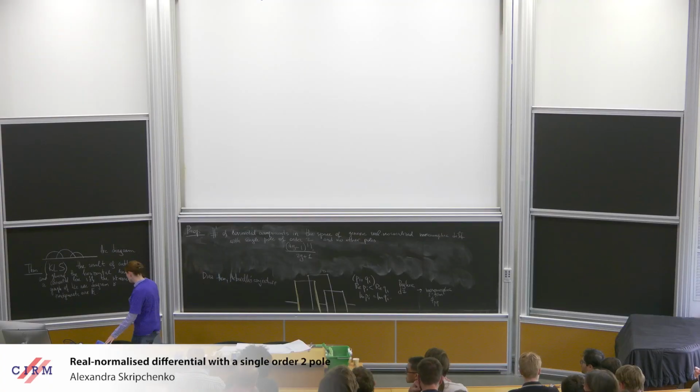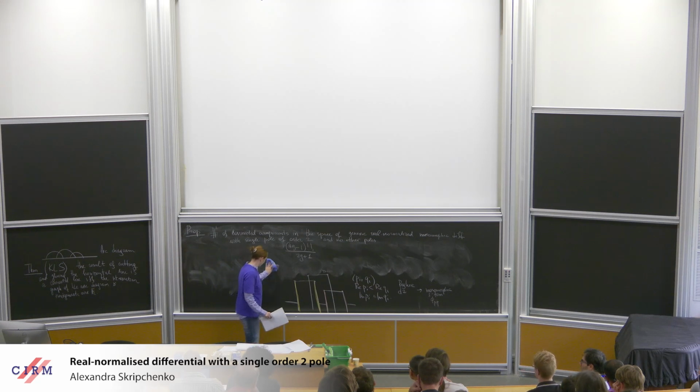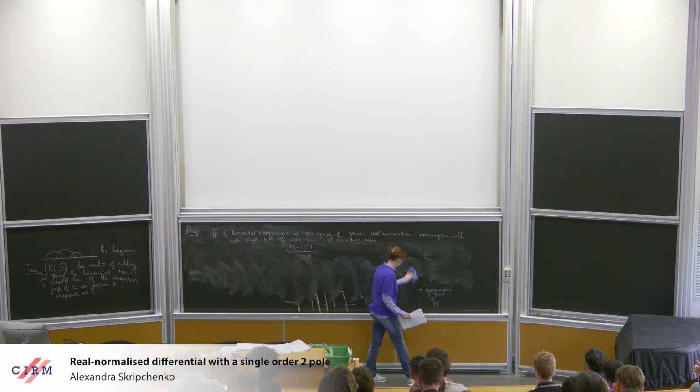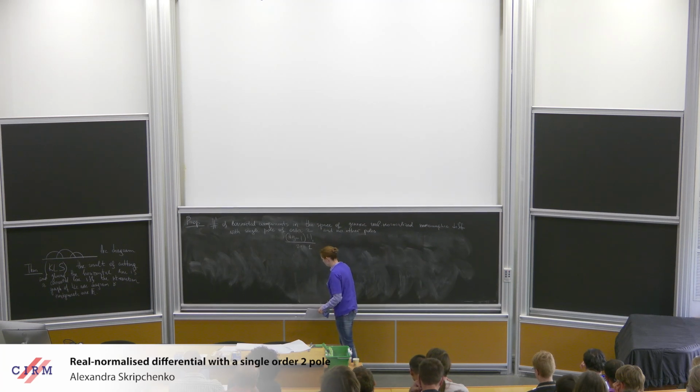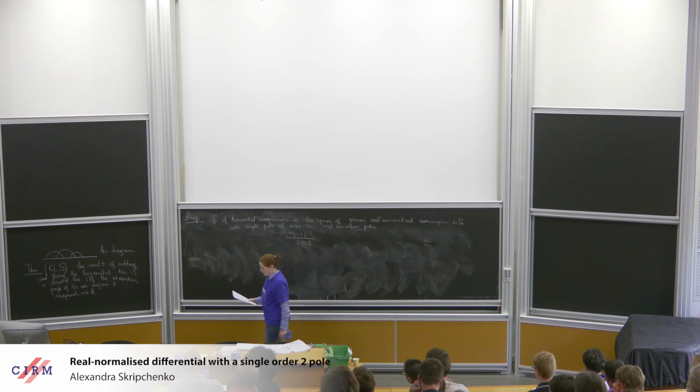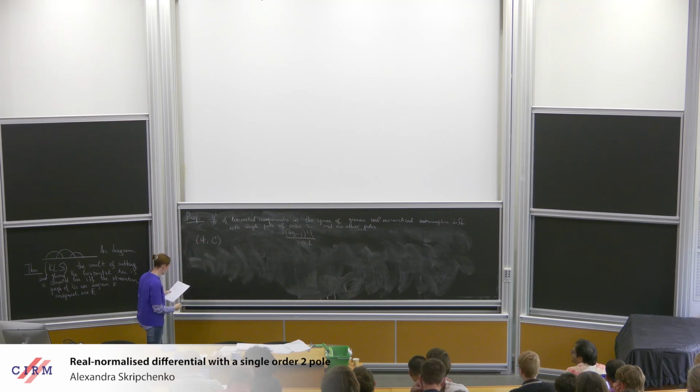So now let's switch to this absolute period foliation and try to understand what's going on there. As I told you, we have a pair: this is a surface, this is a differential.